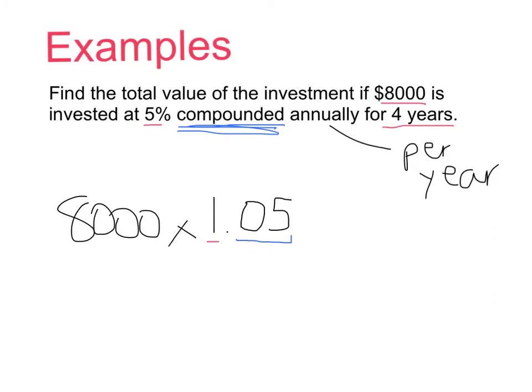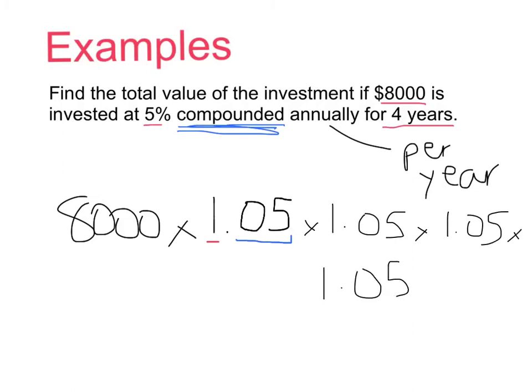But I've got a problem. I'm not just investing it for 1 year, I'm actually investing it for 4 years. So I actually have to multiply 1, 2, 3, 4 times. Each time I'm multiplying by 1.05, it's taking 100% of the previous value.